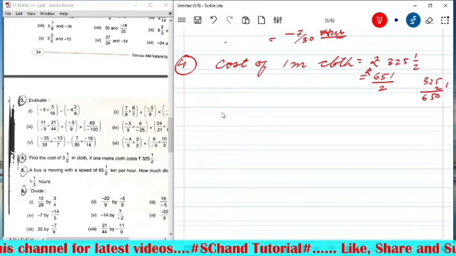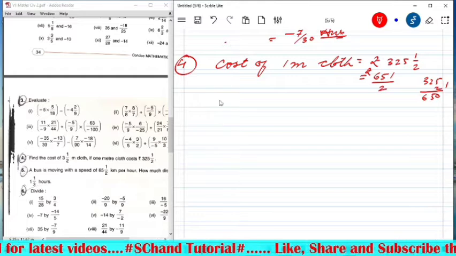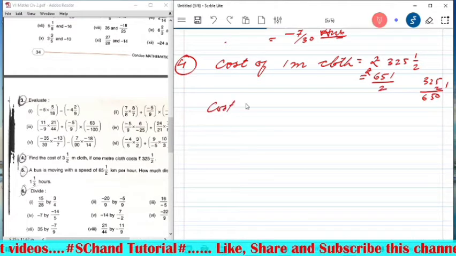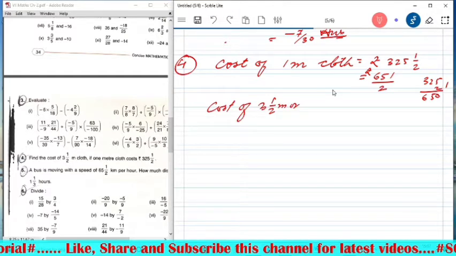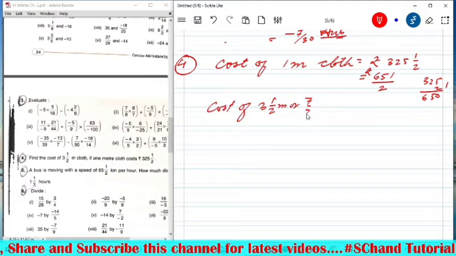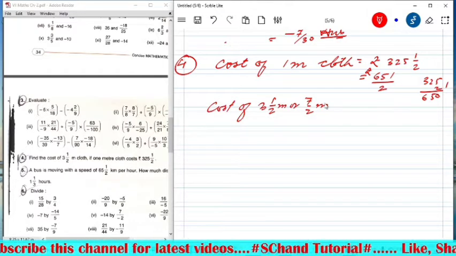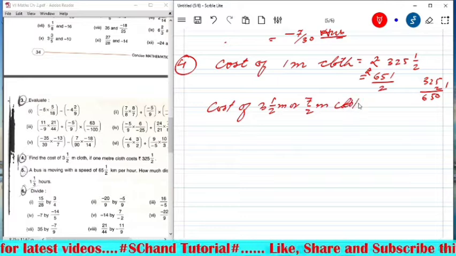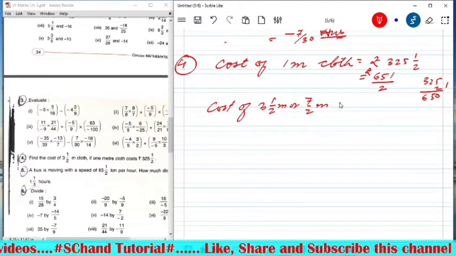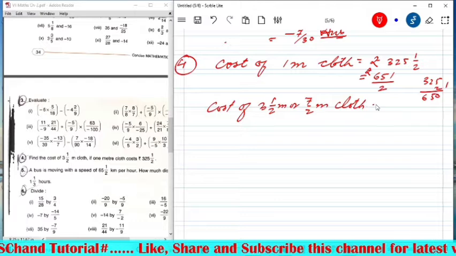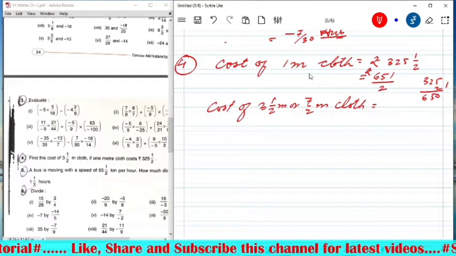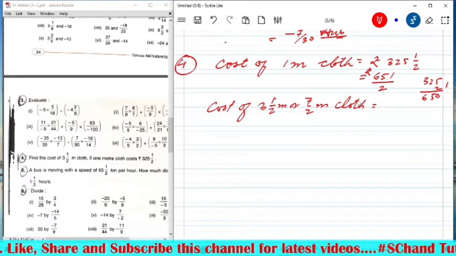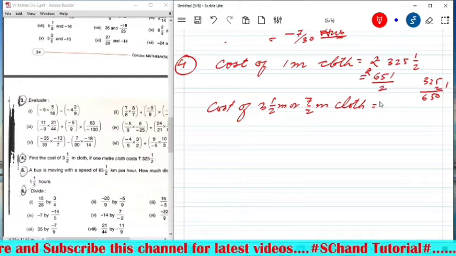We have to find the cost of 3 into 1 over 2 meter cloth, or 7 over 2 meter cloth. 3 twos are 6 plus 1, 7 over 2 meter cloth. If 1 meter costs this, then 7 over 2 meter will be multiplying with these two.